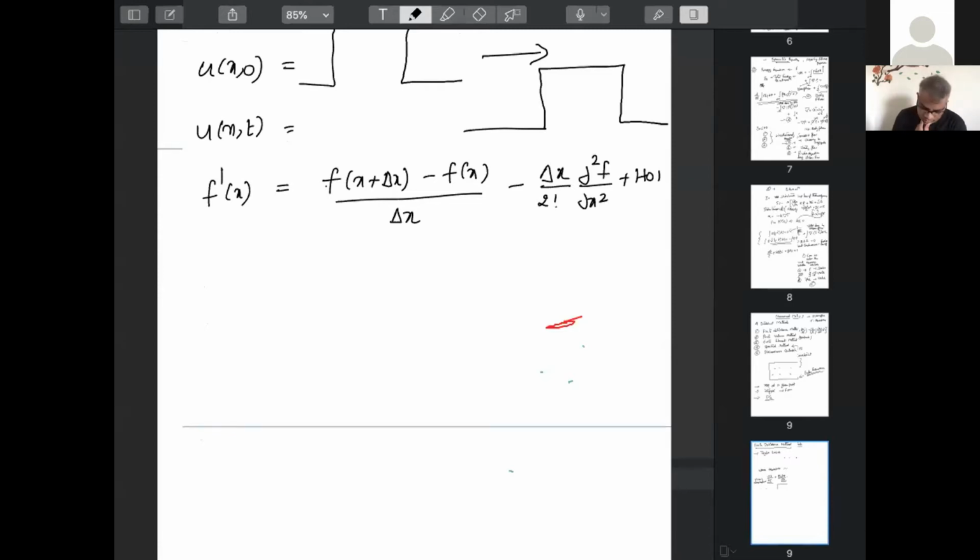So you see that my first derivative can be approximated with this, and you can neglect the rest, which is the error.